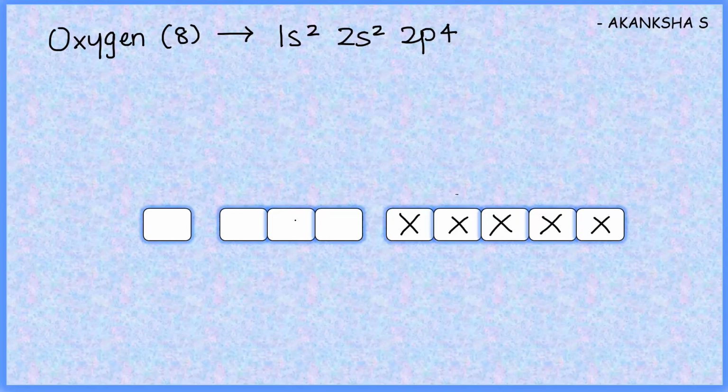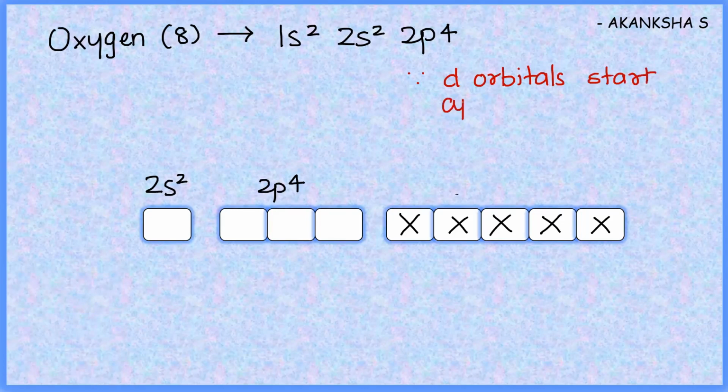Understanding? We have only 2s2, 2p4. There are no d orbitals. And why is that happening? Because d orbitals start appearing from the third orbit onwards.